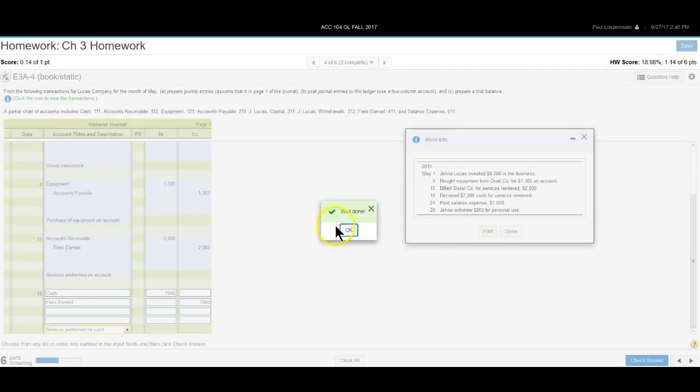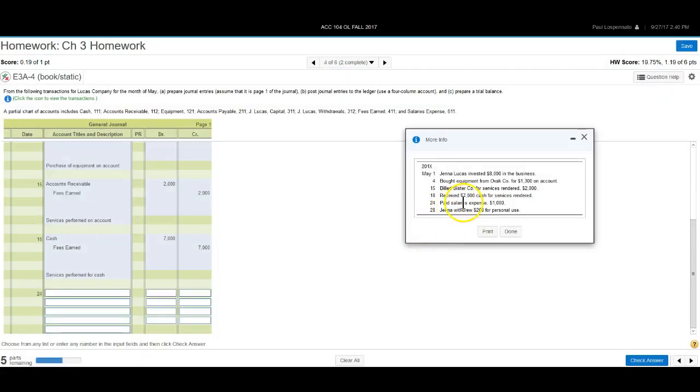And we did. Okay. And then we paid salaries for $1,000. So on the 24th, we're going to come in and debit salaries expense to add to the expense account. Debits add to the expense. You keep debiting salary expense, and every time you debit it, you're going to add to the amount of salaries.